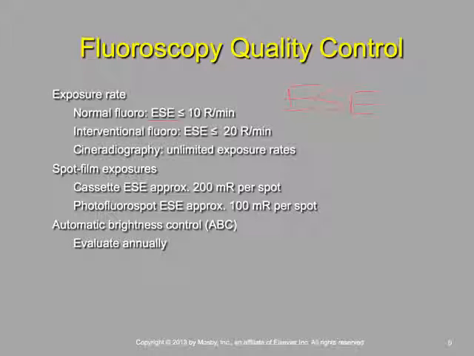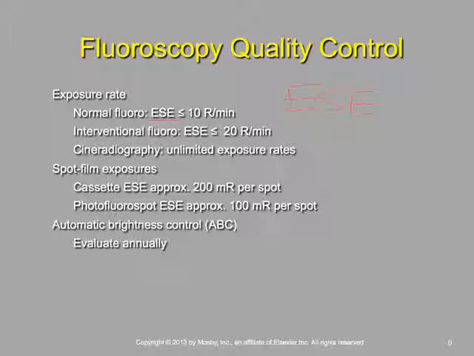This is about 10 Rankins per minute. So every minute of conventional fluoro, about 10 Rankins per minute. And interventional, where they're using magnification, well, guess what? It's more. Interventional, they're trying to look at vessels of the heart, so they're using magnification mode a lot, and therefore the dose is higher, right?